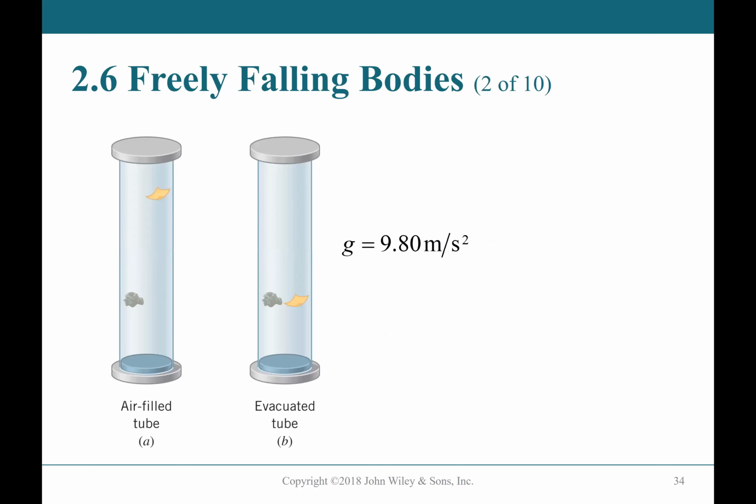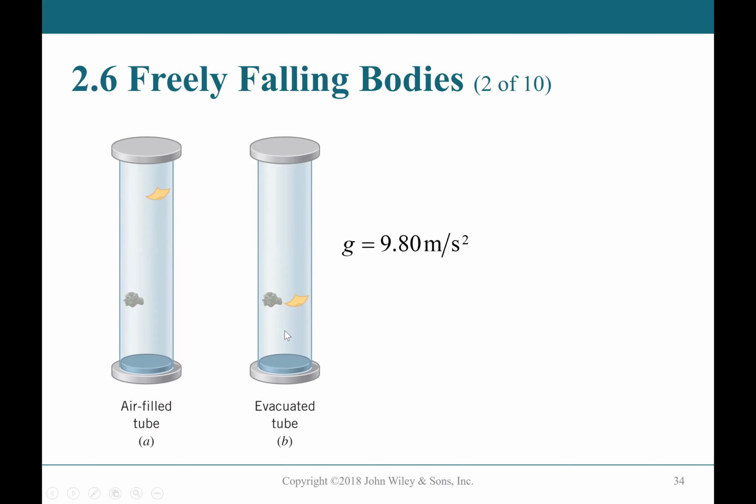Now, this is very important. If I have air in this tube, then you notice the heavier object, like a rock, will fall with a higher speed than a lighter object that's blown around by the air.